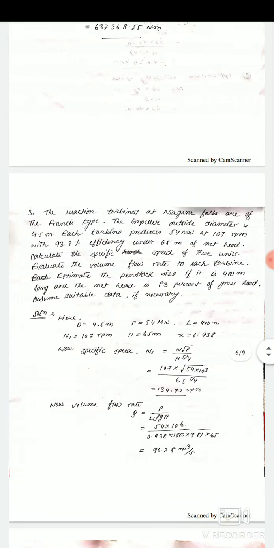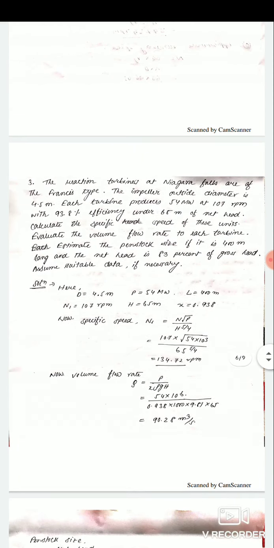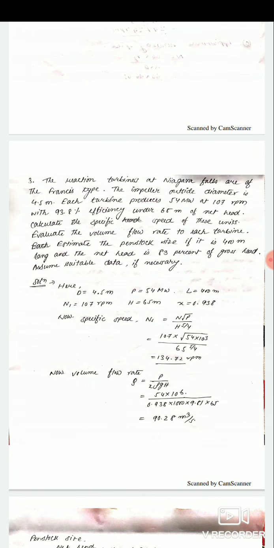So the third question is: the reaction turbines at Niagara Falls are of the Francis type. The impeller outside diameter is 4.5 meter. Each turbine produces 54 megawatt at 107 rpm with 93.8% efficiency under 65 meter of net head.